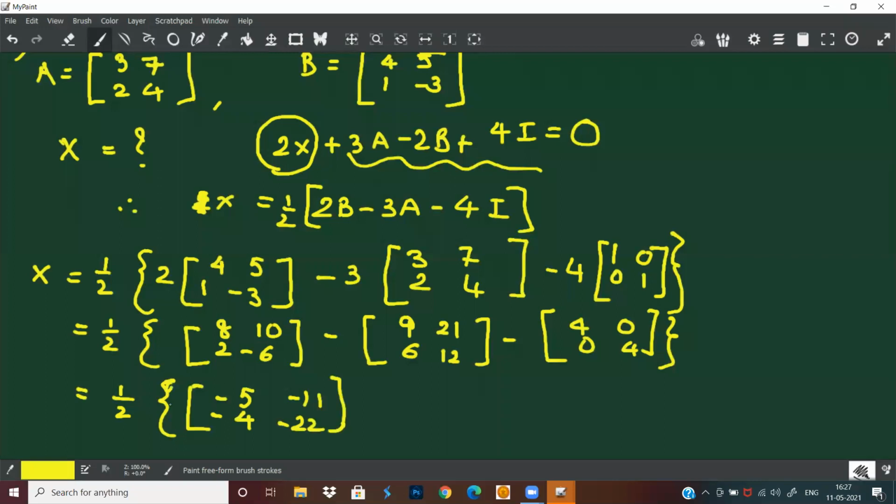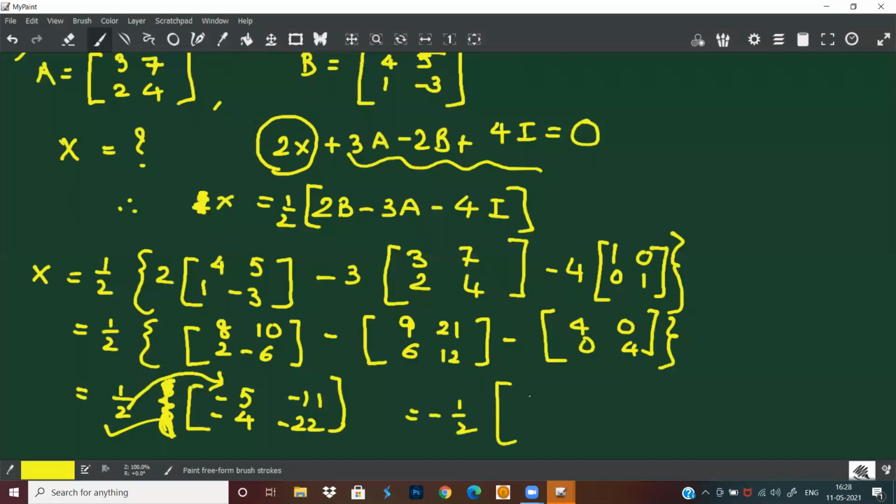So you need not write this bracket. You can leave the answer here because it will be options. We don't know what options they will give you. They can multiply each element by 2, by half inside, and then give it to you. They can keep minus half into the matrix 5, 11, 4, 22. They can give you like this also.